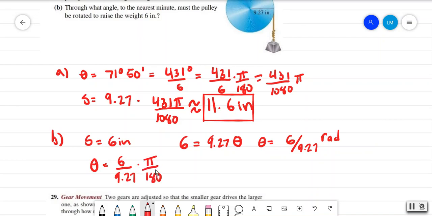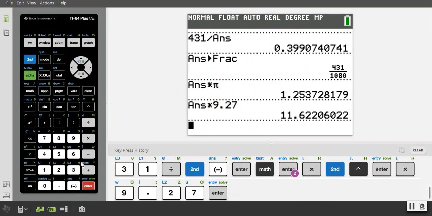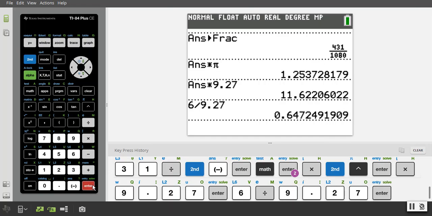Now in this case, I don't need to simplify at all because I'm just looking for the nearest minute. So I'll take 6 divided by 9.27. Okay, so this is the radian measure.